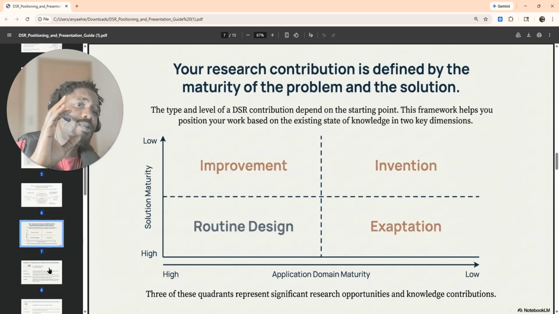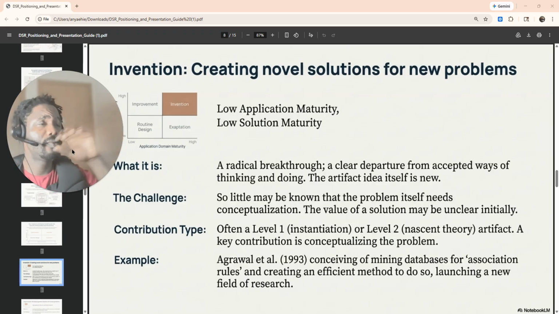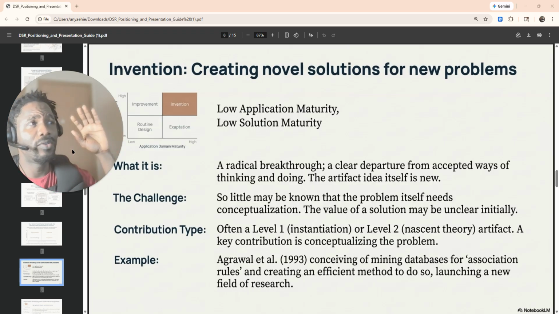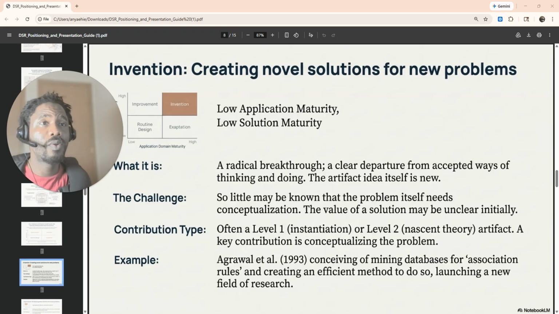So going to slide 8 to explain better. Let's talk about invention, right? This is when you're creating a novel solution, creating something that was not there before. So this is like a moonshot. If you don't know what a moonshot is, I suggest you Google it.